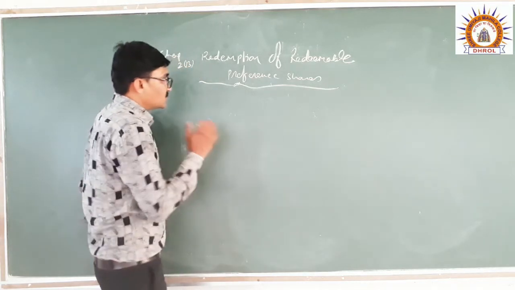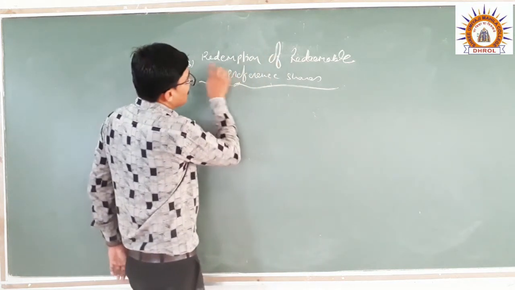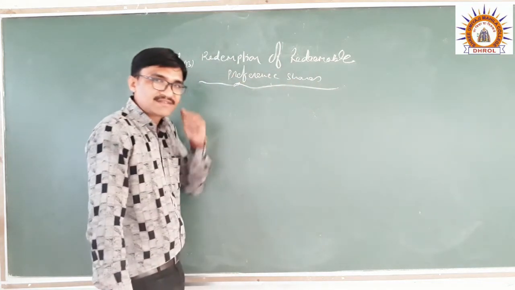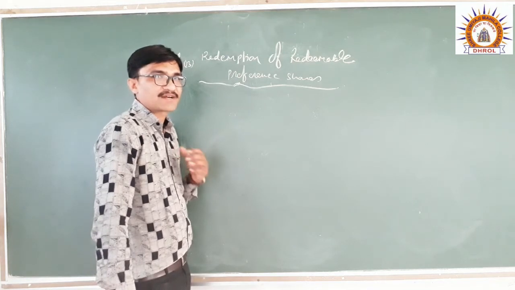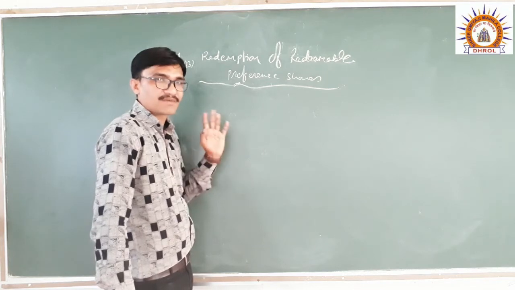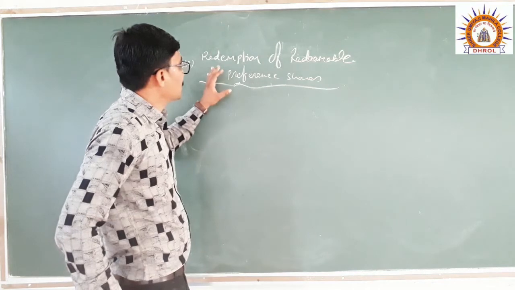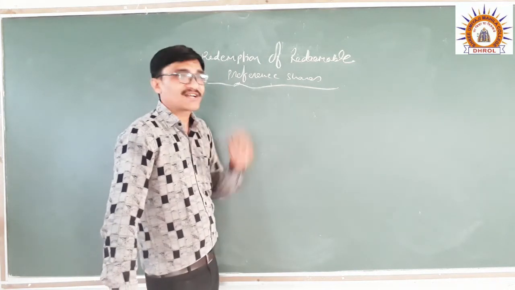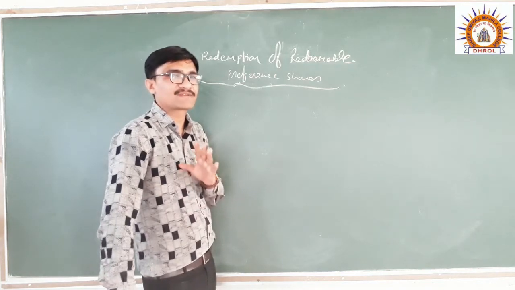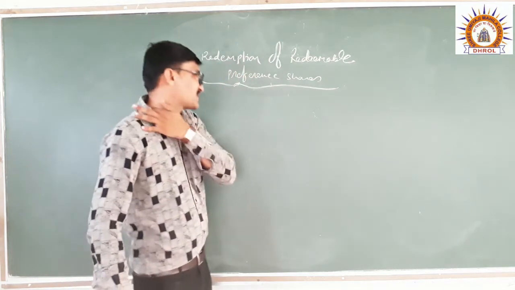So first of all, we should try to understand redemption and redeemable preference shares, right? Why is this chapter needed, or why does a company do the redemption of redeemable preference share capital? There are certain provisions of the Companies Act regarding the redemption of redeemable preference share capital.